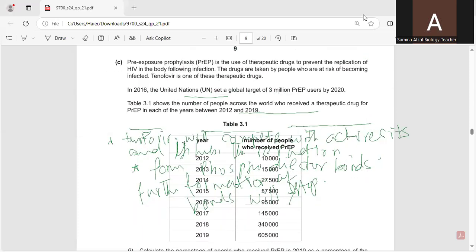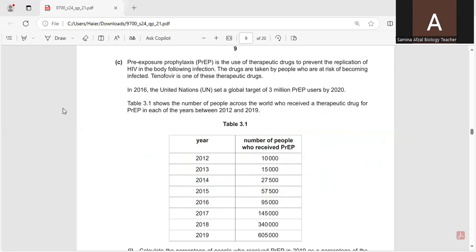Now the question is part C. Pre-exposure prophylaxis is the use of therapeutic drugs to prevent the replication of HIV in the body following infection. The drugs are taken by people who are at risk of becoming infected. Tenofovir is one of these therapeutic drugs.